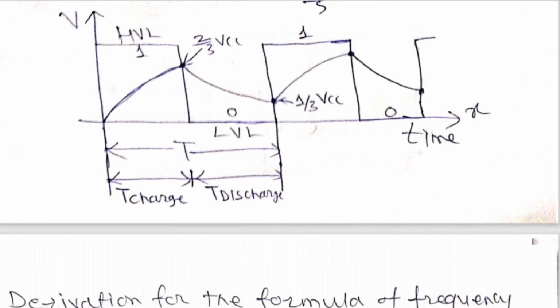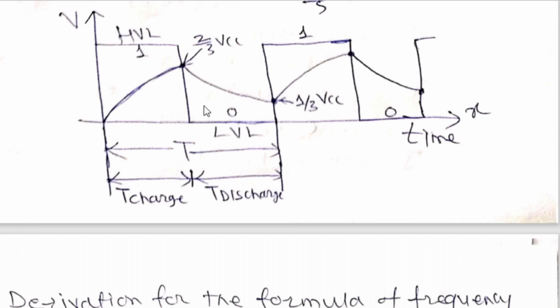So the logic 0 will remain there till the capacitor gets discharged from 2/3 of VCC, means almost from 10 volt, to the value of 1/3 of VCC, means in our example 5 volt. So this is the time duration for which at the output LVL remains, means logic 0 remains.